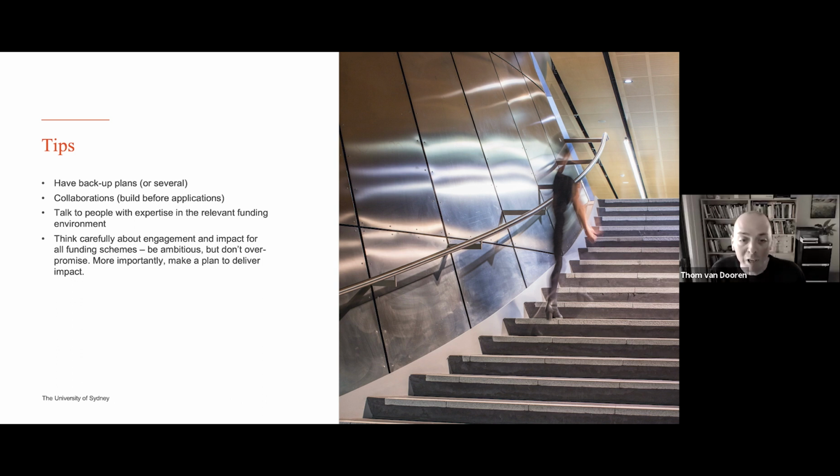I've already covered point 3. Point 4, thinking carefully about engagement and impact for all funding schemes. Be ambitious, but don't overpromise. And most importantly, make a plan to deliver impact. I think that's key for all of these schemes we've been talking about. Even for the ARC these days, benefit is one of the criteria that your application is assessed on.